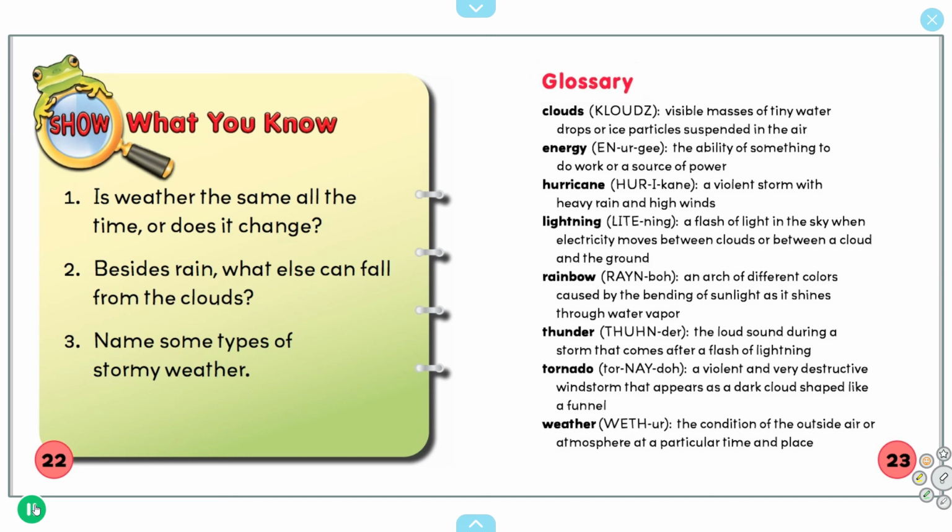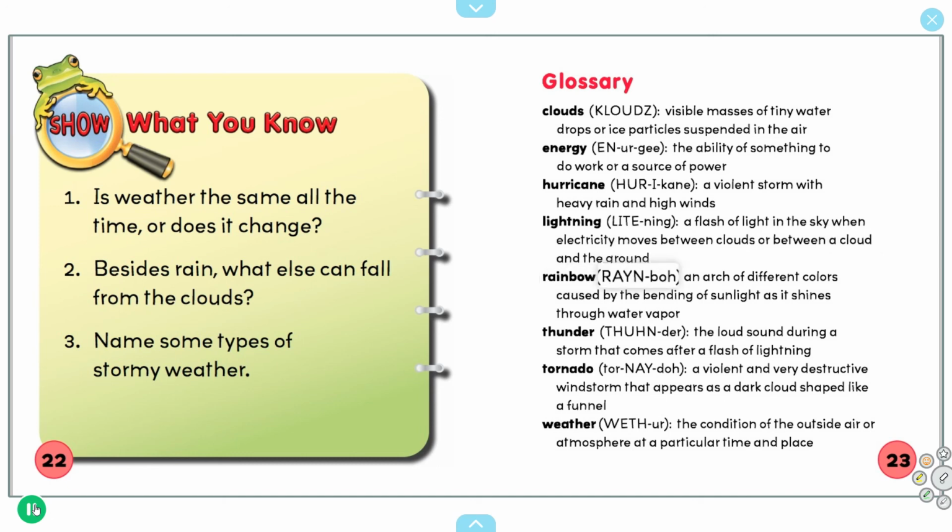Glossary. Clouds. Visible masses of tiny water drops or ice particles suspended in the air. Energy. The ability of something to do work or a source of power. Hurricane. A violent storm with heavy rain and high winds. Lightning. A flash of light in the sky when electricity moves between clouds or between a cloud and the ground.